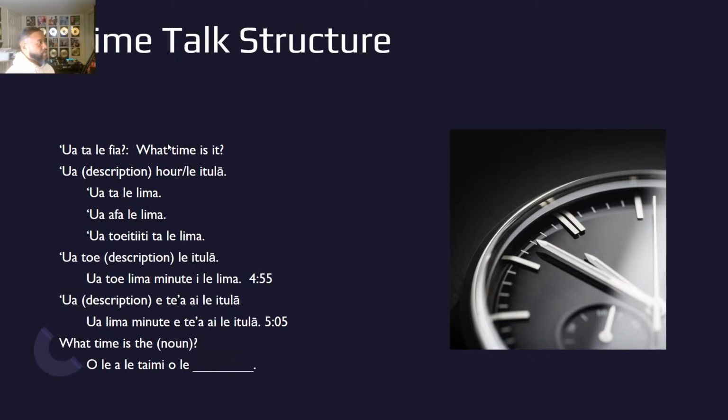All right. So if you don't remember anything else, all of the toi and te'a, at least remember this. You can say this every single day when you ask your partner, your parents, whoever: ua talifia or ua kalifia. What time is it?